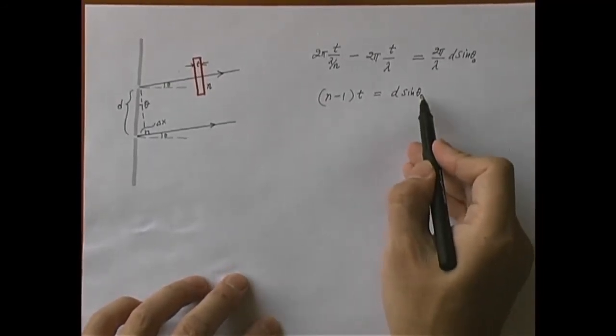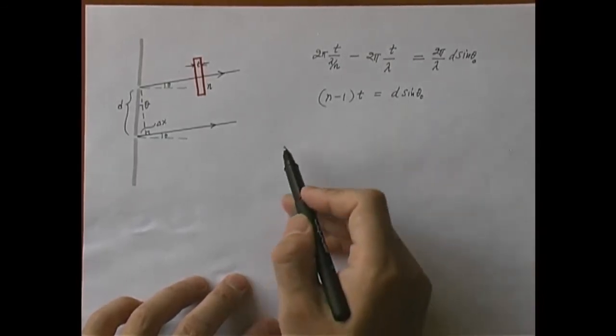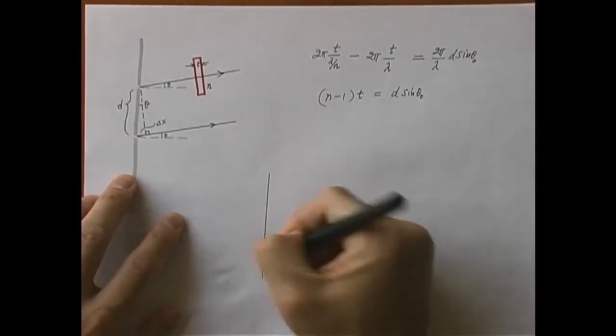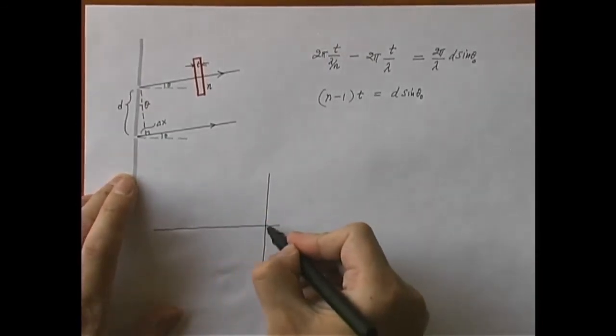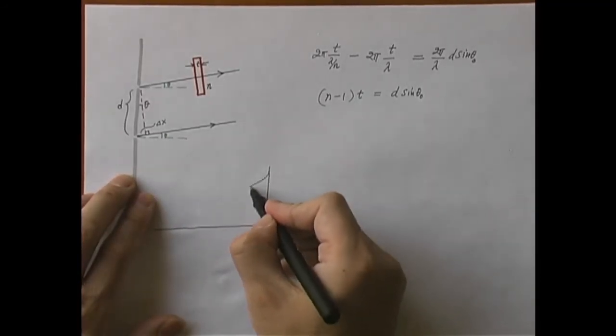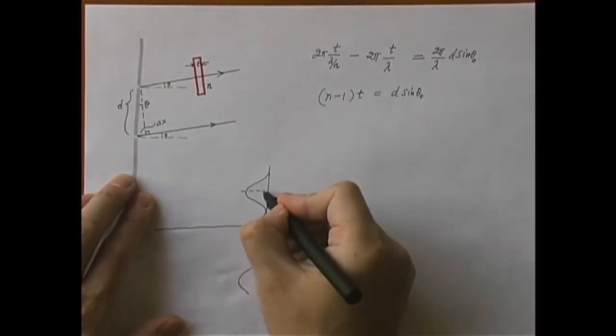This is the new angle theta naught that will be aimed at the center of the interference pattern. So initially the interference pattern is centered right here when theta equals 0. The new center of the interference pattern will now be there, theta naught.